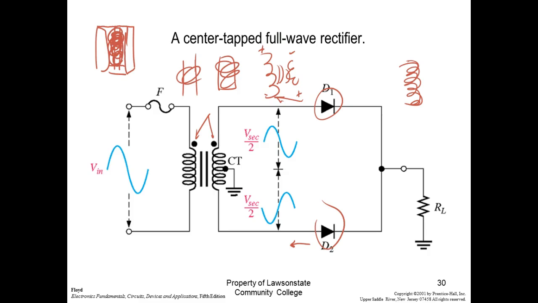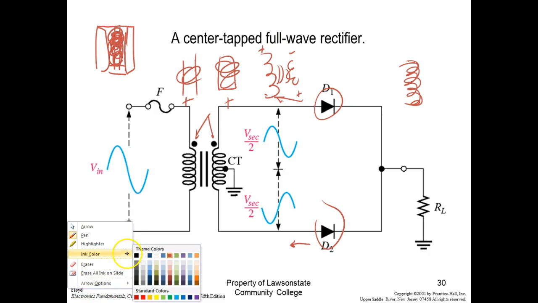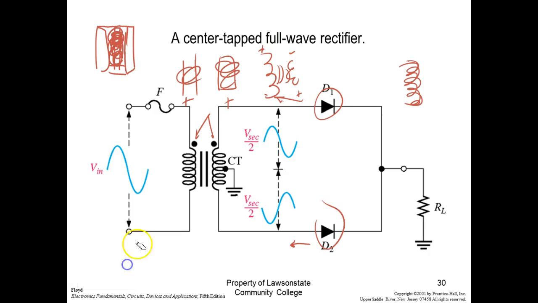So since both the dots are on top, when this is positive, this right here would be positive. That makes sense? So that would be a transformer where the polarities are given. But when this is negative, this one's negative, right? You understand? So these two polarities are going to be the same.